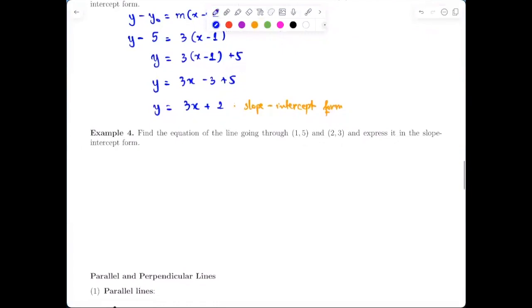The slope m is equal to what? y2 minus y1 over x2 minus x1. I choose x1, y1 for this point and x2, y2 for this point. Therefore, the slope is calculated as 3 minus 5 over 2 minus 1, or this is -2 over 1, or it's -2.